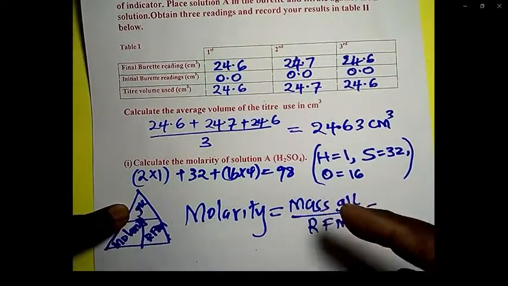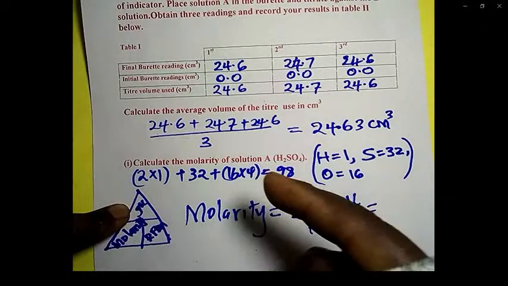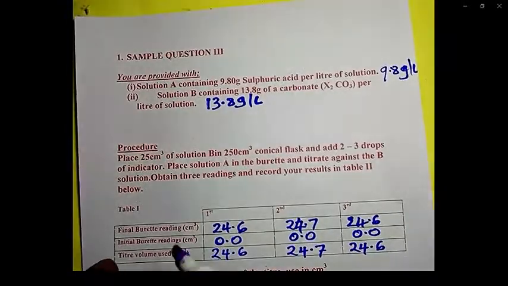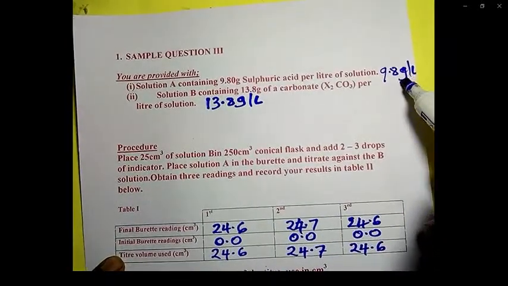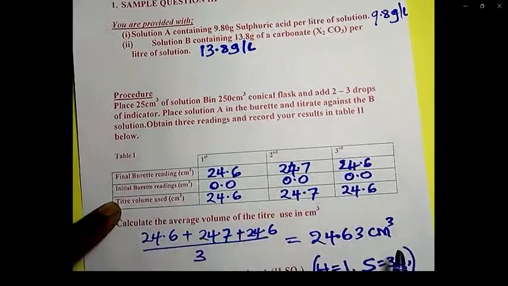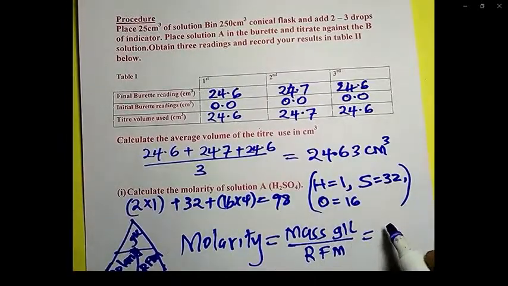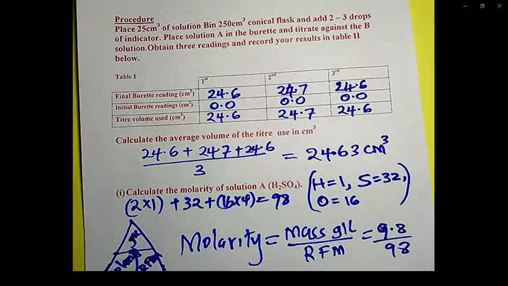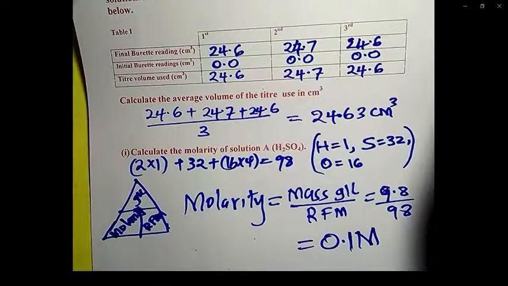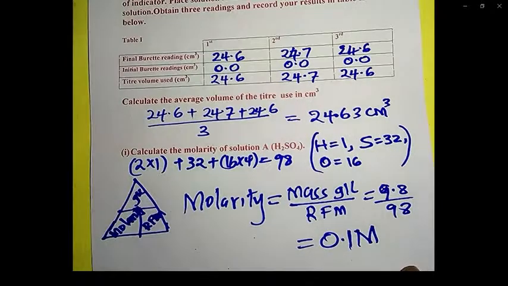Our mass in grams per liter for A, you go back to what you are provided with. We were provided with 9.8 grams in 1 liter, grams per liter. That's why it is important to note that. So for A, 9.8 divided by 98. This one is giving us 0.1 capital M. So the molarity of solution A, sulfuric acid, is 0.1.